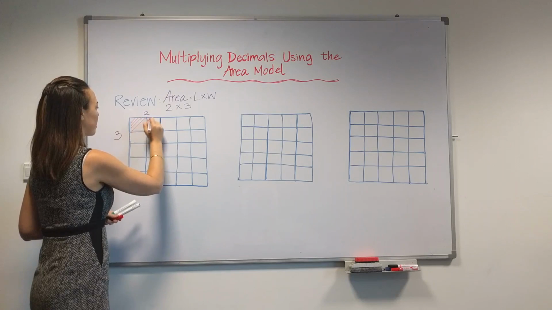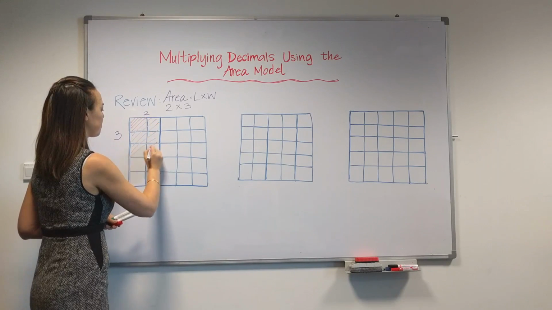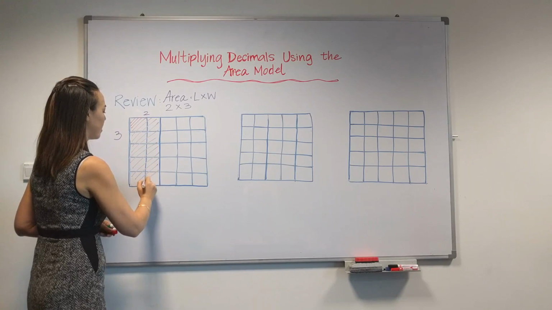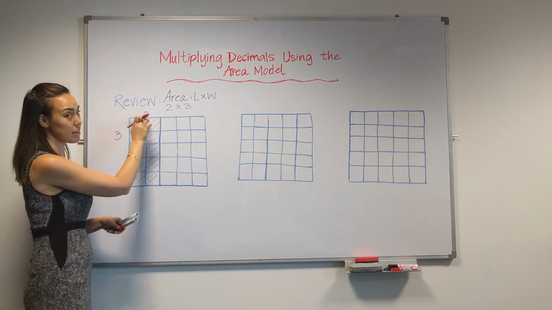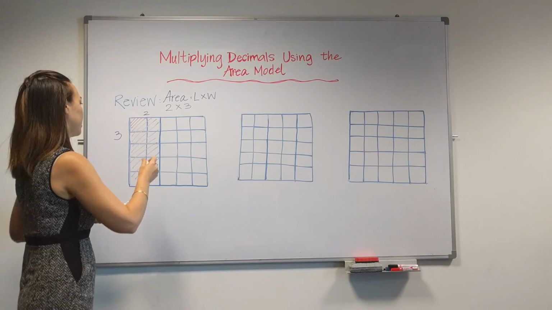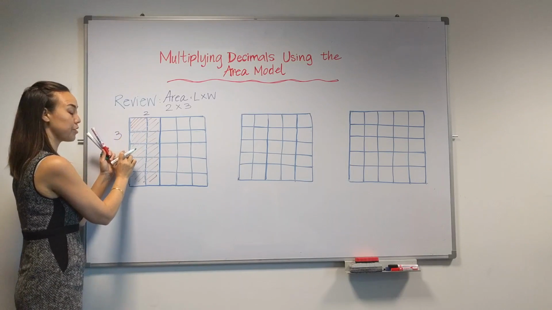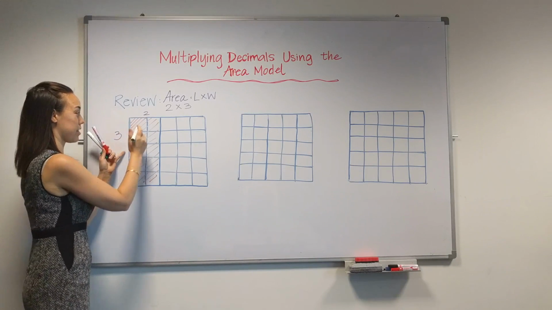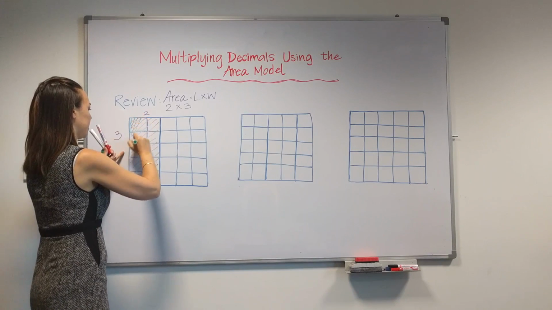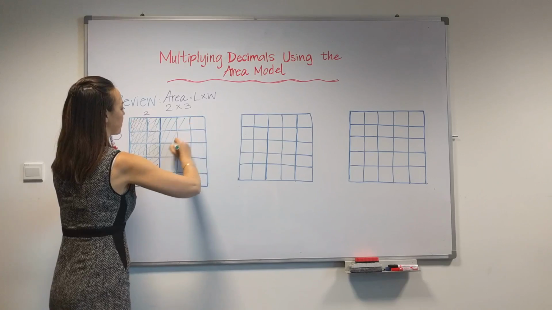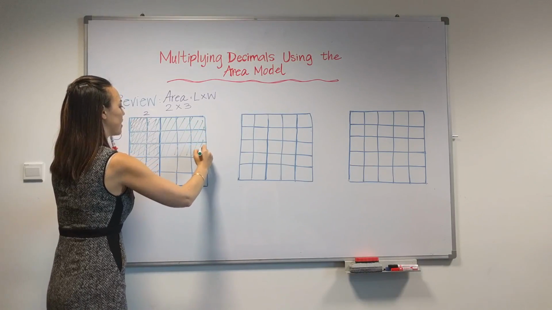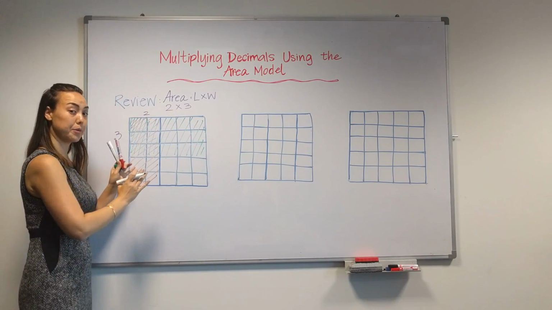So, here are the 2 squares that indicate the length. And here's the 1, 2, 3 squares indicating the width. All right. Now I shade everything in to make it really clear.